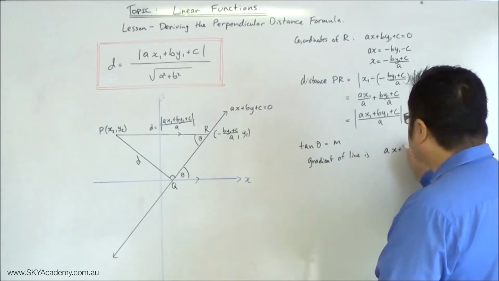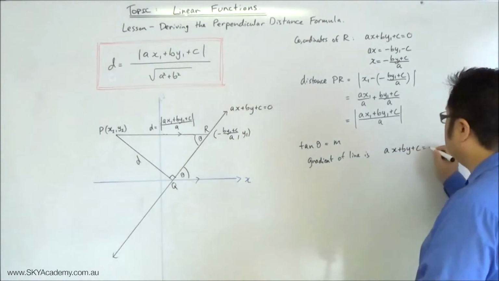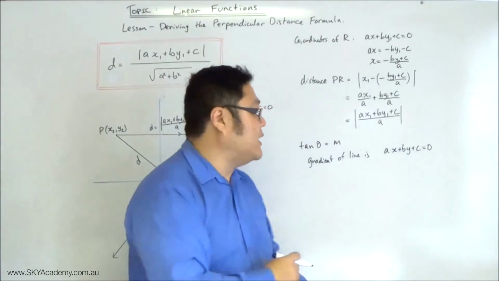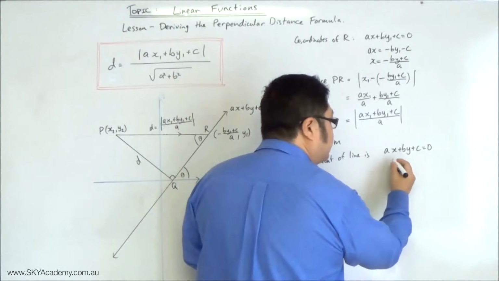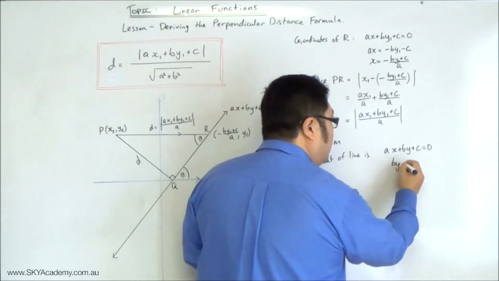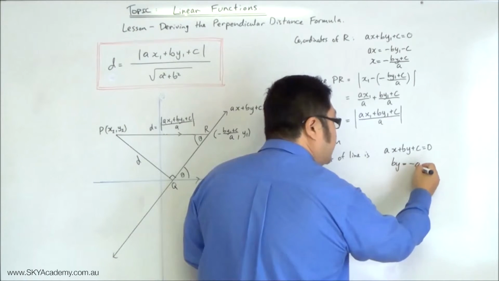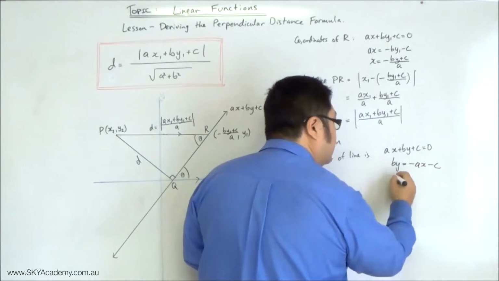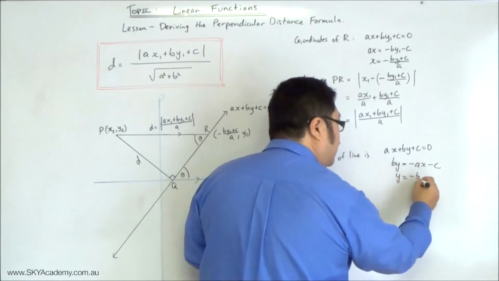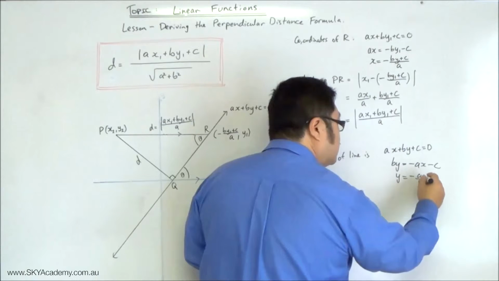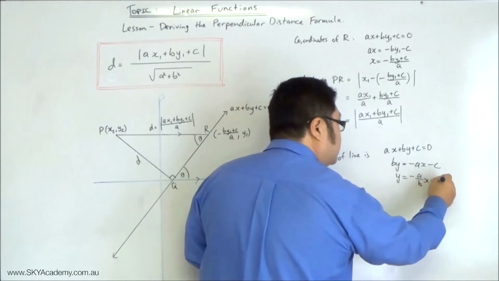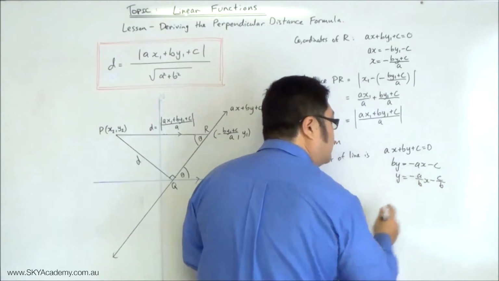is ax plus by plus c equals 0, and I'll come around this way so that you can have a look. Now I would make y the subject of the formula, so by is equal to minus ax minus c, y is equal to minus a on b, x minus c on b.